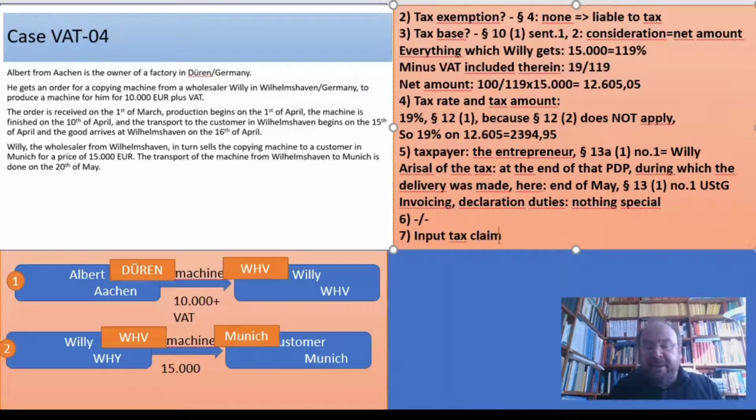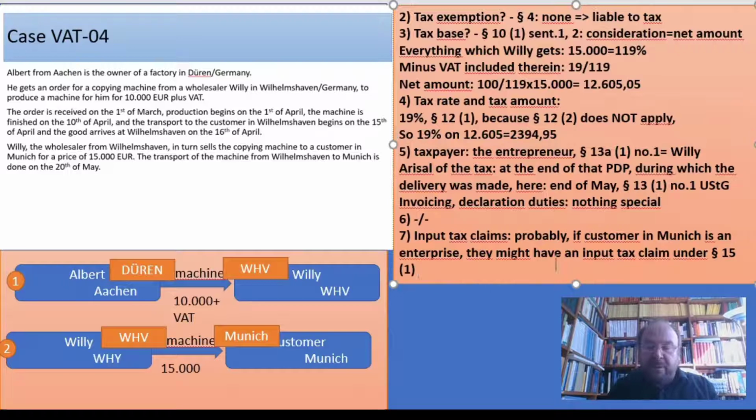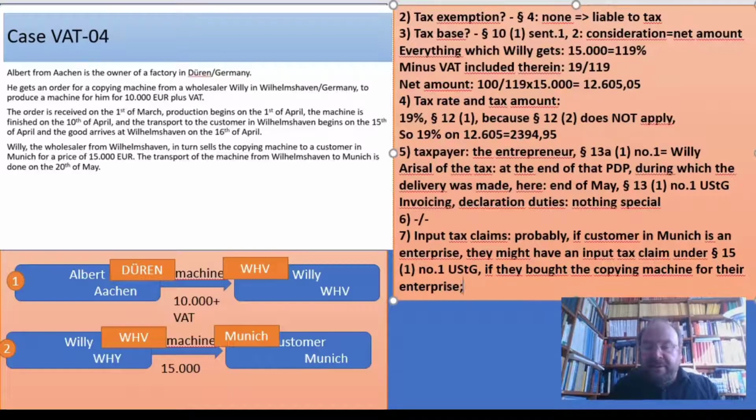Input tax claims, probably. If the customer in Munich is an enterprise, they might have an input tax claim under § 15.1 number 1 UStG, if they bought the copying machine for their enterprise. That would be the 2,394.95 above.